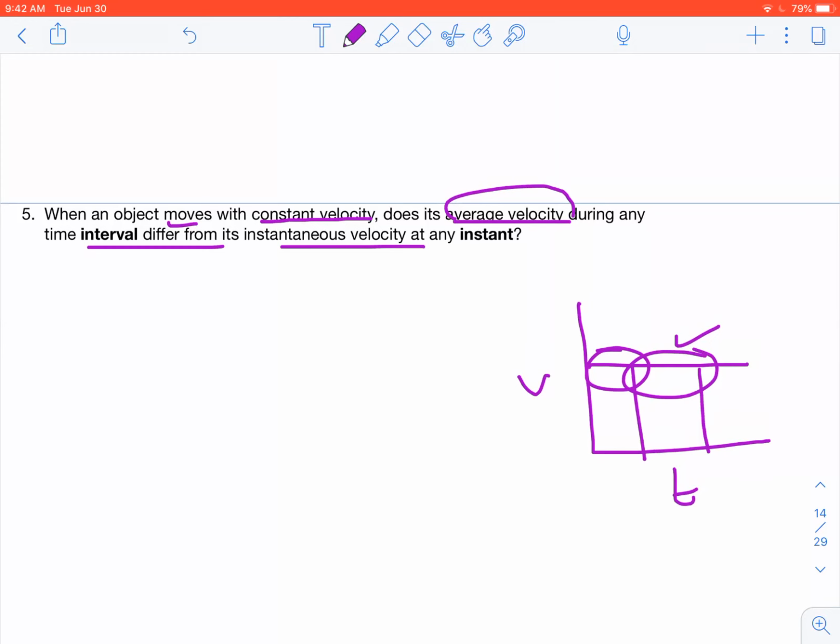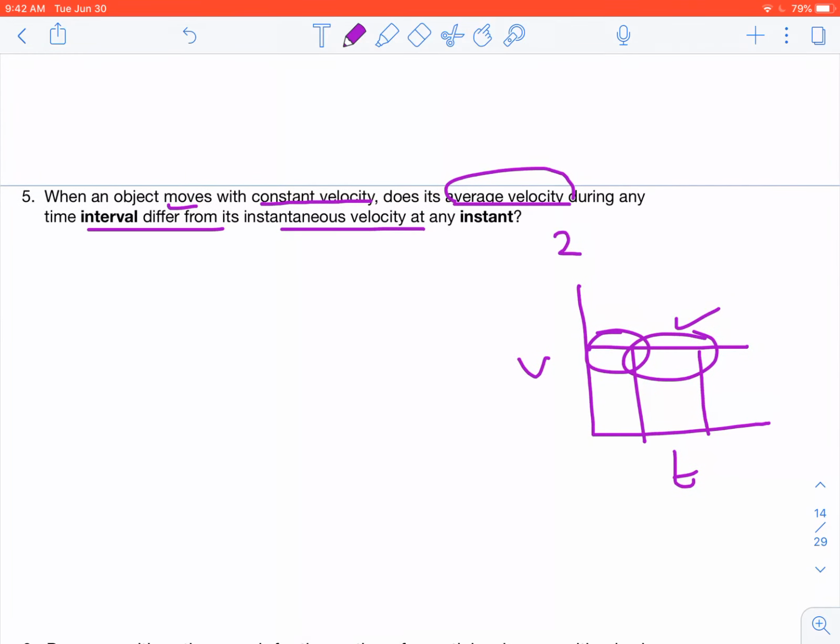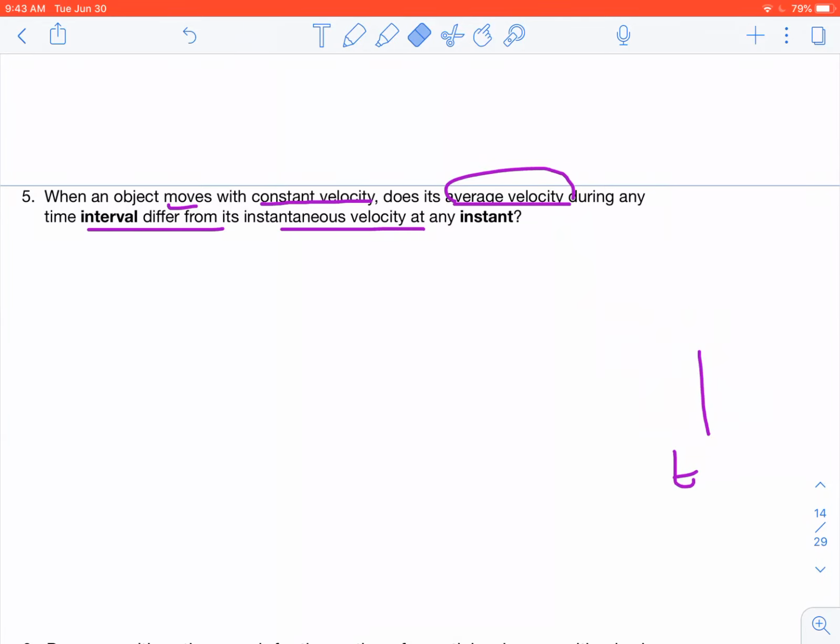It's like saying, if I have 2 plus 2 plus 2 plus 2, what's my average? It's still 2. Right, so that's important. And therefore, the instantaneous velocity at any instant is also equal. So we can say, does the average velocity differ?